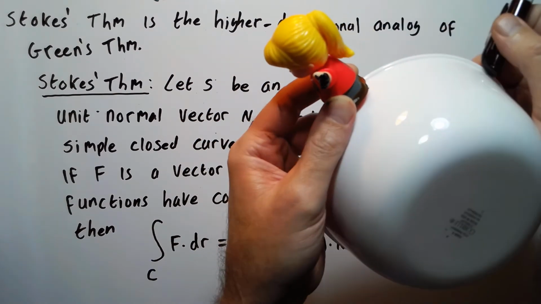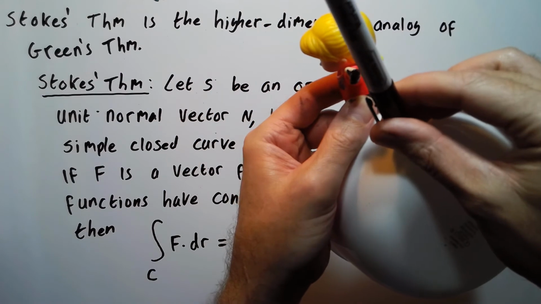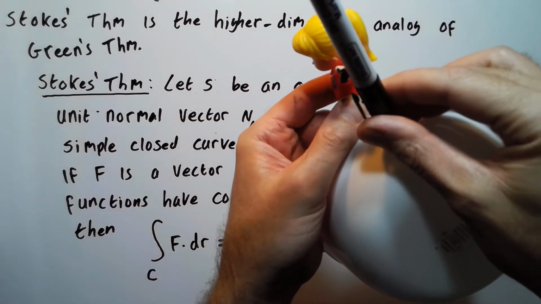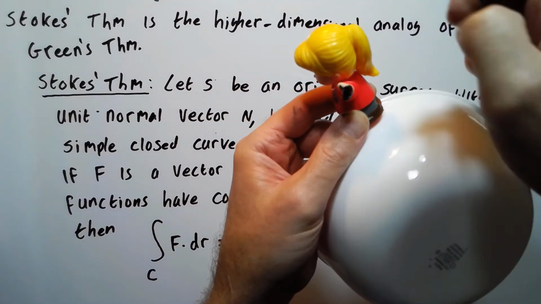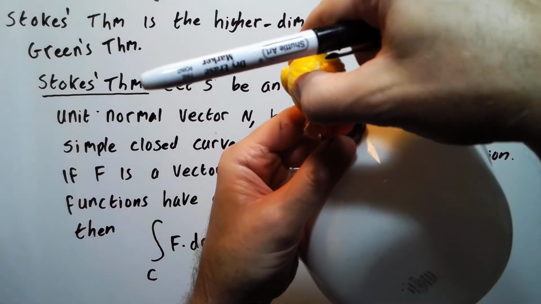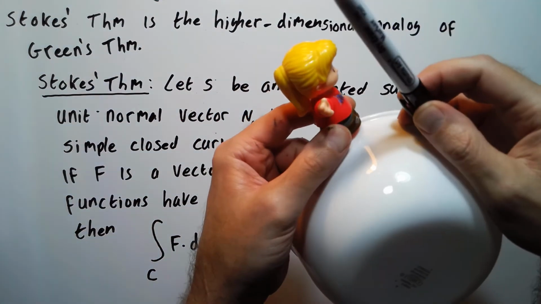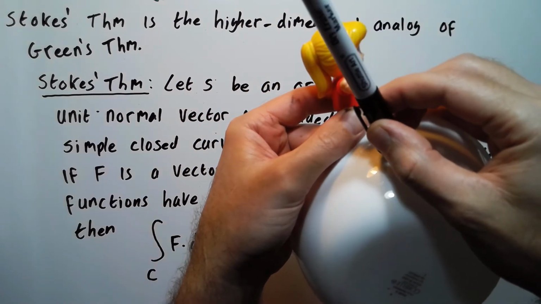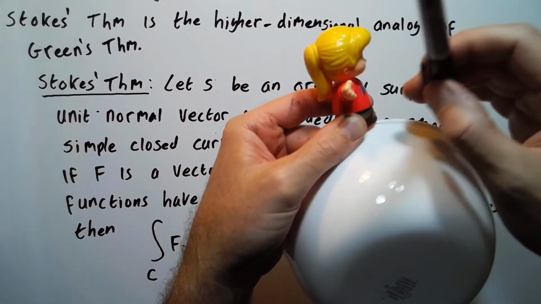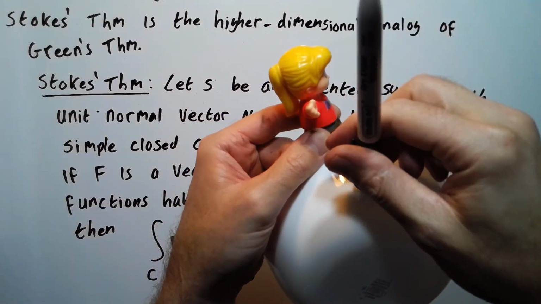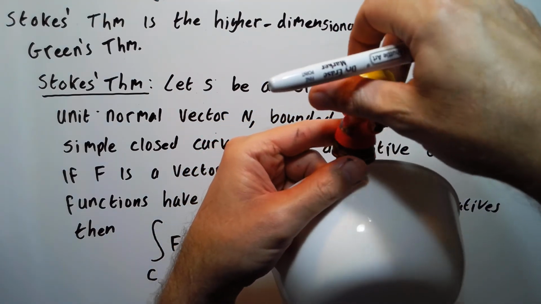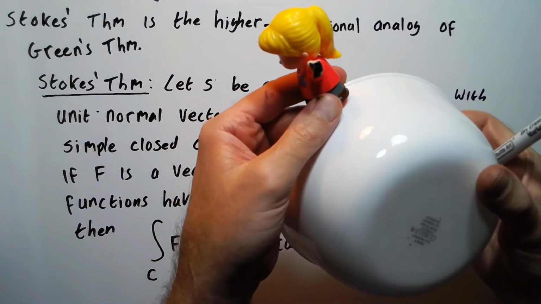You can see as she's walking around, the normal vectors are on the left side. If she changes directions, now the normal vectors would be on the right side if she walked this way. That would not be positive orientation. So relative to this normal vector, the positive orientation would be going this way around the bowl.